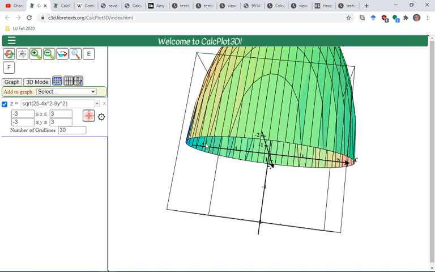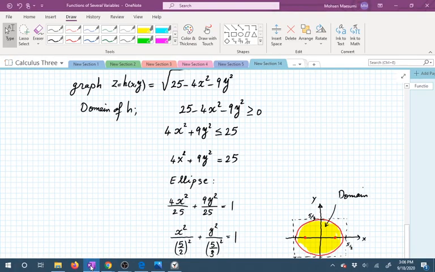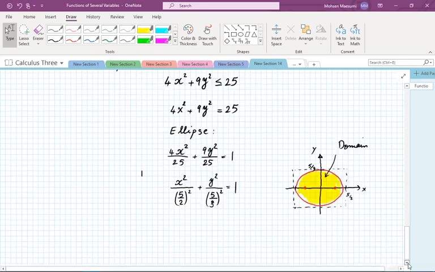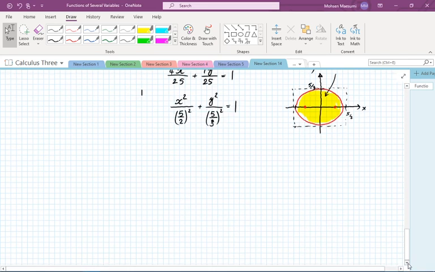So inside of this ellipse I have a description for my function, but on the exterior of this ellipse out here there is no ceiling or floor above or below us. That means the function doesn't exist in those areas. Okay, so that was one example of how to analyze this function in terms of the domain.